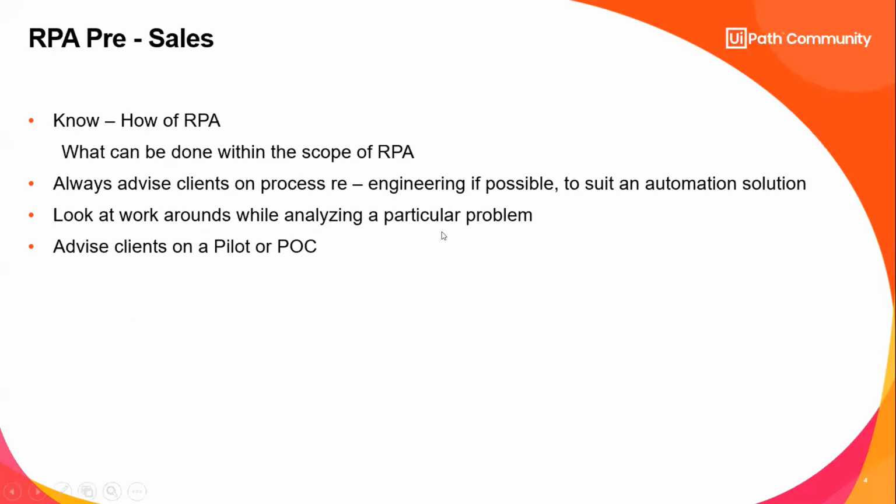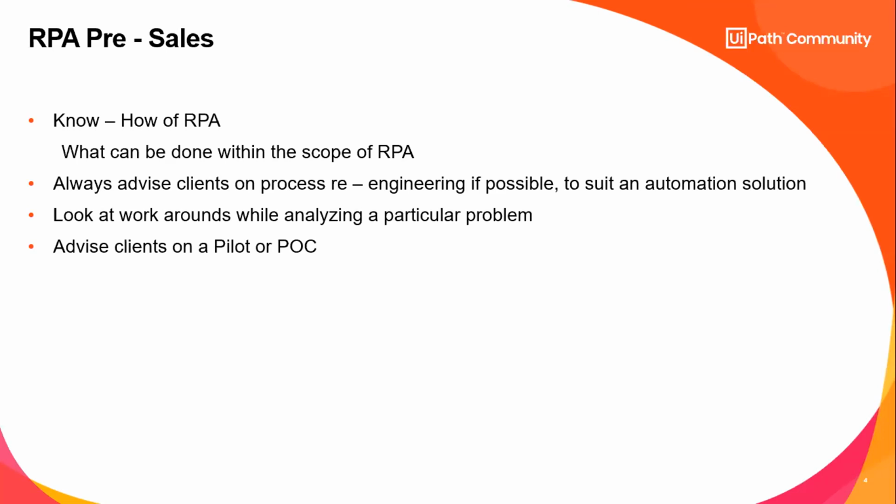Then we look at workarounds. As I mentioned, if we can go directly from A to C, we will have that workaround implemented before we go ahead and implement the solution. We also advise our clients to go for a pilot process or a POC, a proof of concept. Since a lot of clients are new to RPA, they ask how successful RPA will be and what challenges can arise.